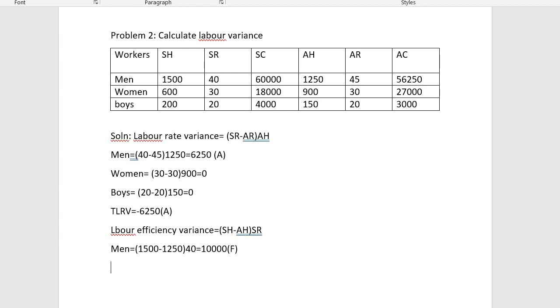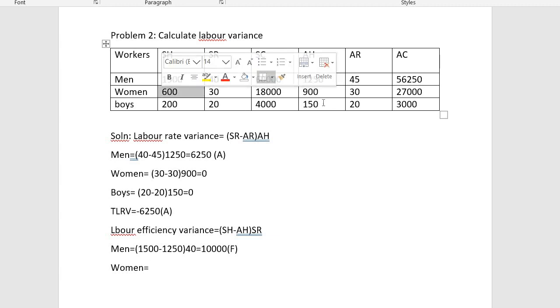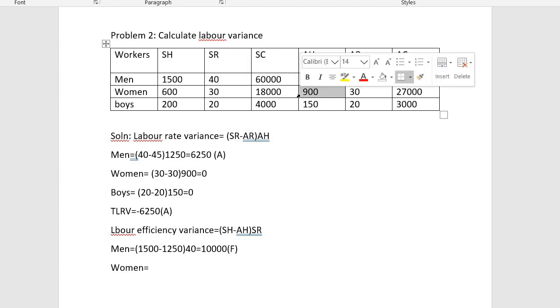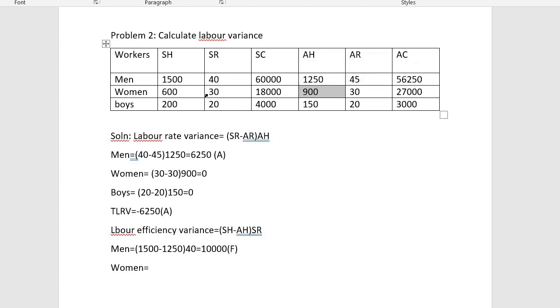No negative here. Next, for women, the same way, standard hour is 600, actual hour is 900, standard rate is 30. It equals 600 minus 900 into 30. So it will come to minus 9000, which is adverse variance.